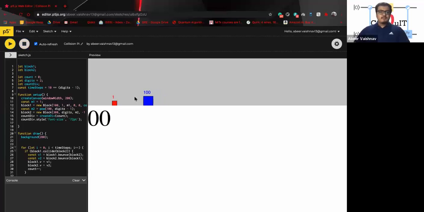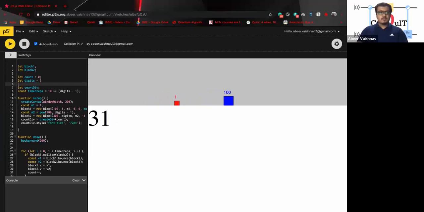So we see that the mass of the small block is 1 and the larger block is 100, and we get 31. Let's try with the masses 1 and 10,000, and we get 3, 1, and let's wait for this block to collide with the wall.